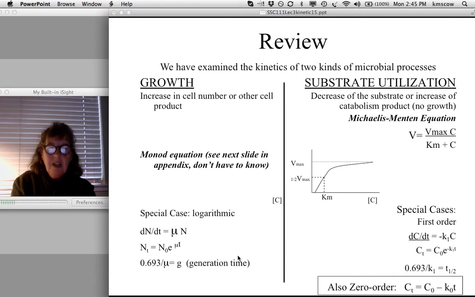And similarly, we can use the same expression to solve for the natural log of 2 over the first order rate constant, or the growth rate constant, giving us the half-life or the generation time. Okay, so you just need to understand these general forms of these equations and keep track of whether you're talking about growth or first order decay, but they're basically the same forms, just differing in those terms.